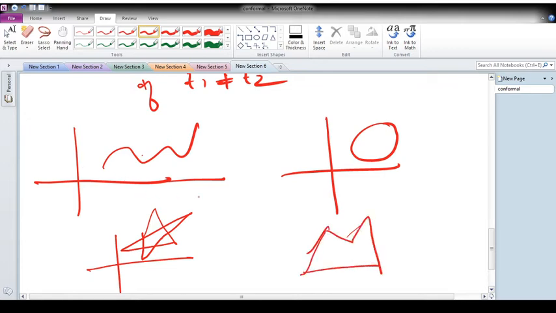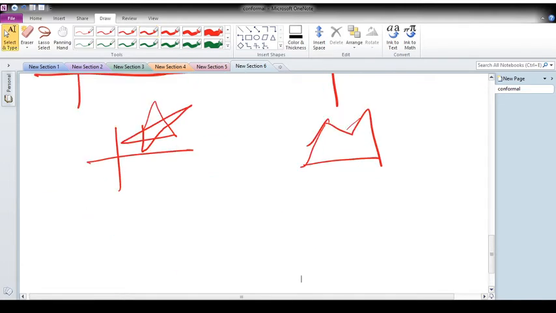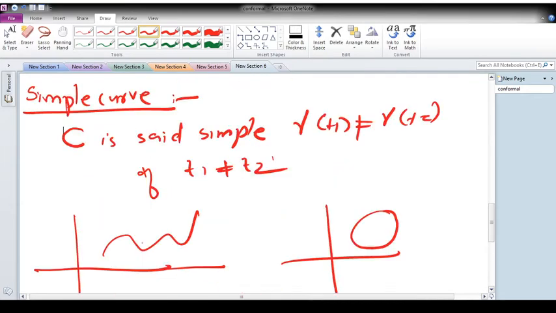This is another curve. So these are the curves.